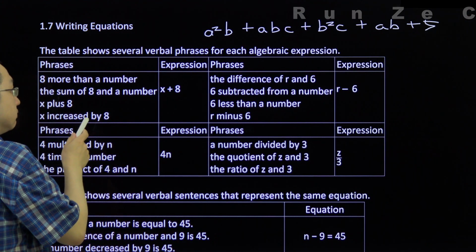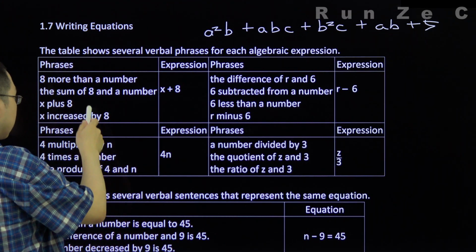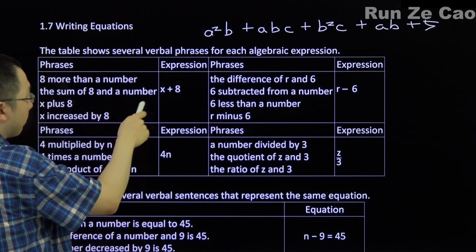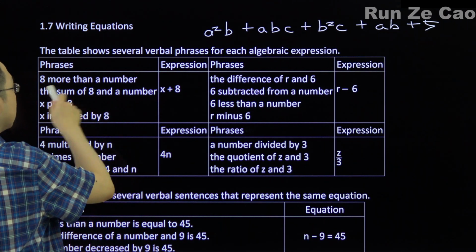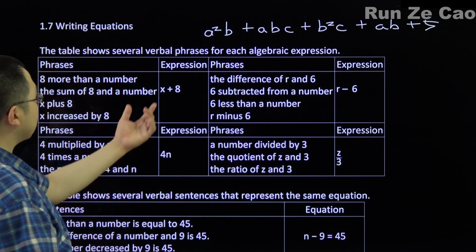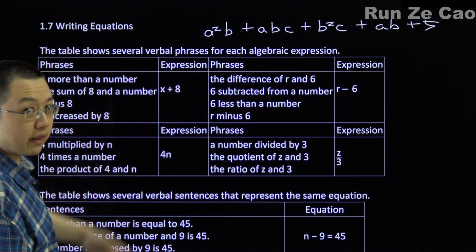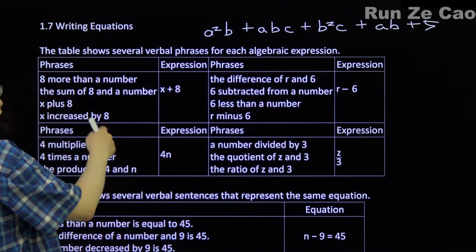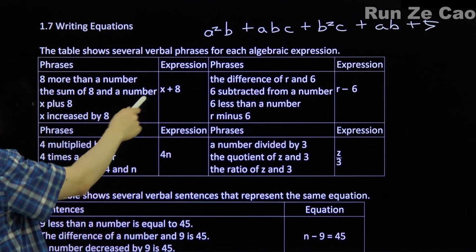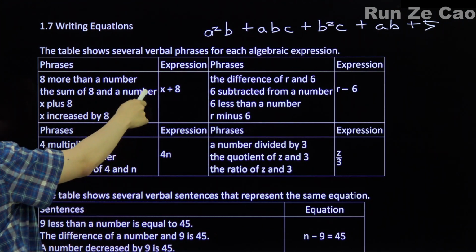That's for additions, though. The sum of 8 and a number, yeah, okay. Technically, you could write 8 plus the number, so x in this case, for this line. That's okay, but because in addition the order doesn't matter, we go by the convention. X plus 8, well, that's just this, just read straight out. X increased by 8, same thing.